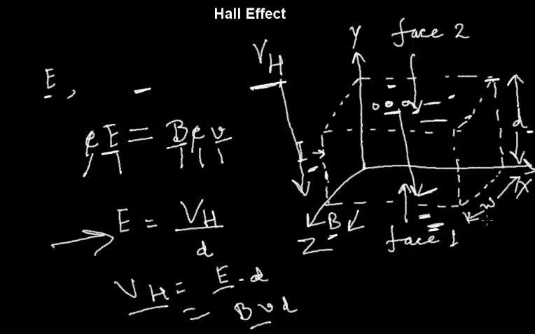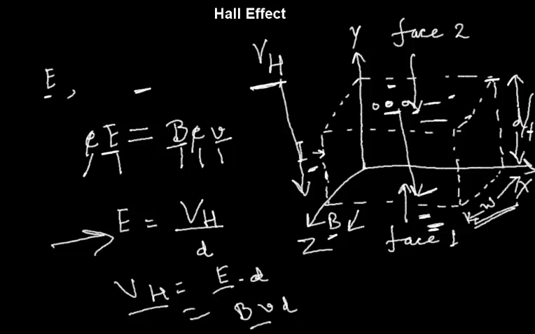Now we'll talk about current density, and we denote current density by J. So J is equal to current per unit area. So I divided by area, and here we can see that the area is d times W, because length times breadth, here we are using these notations.